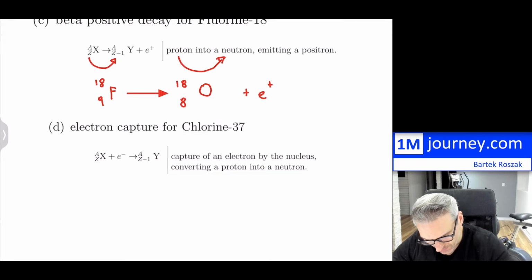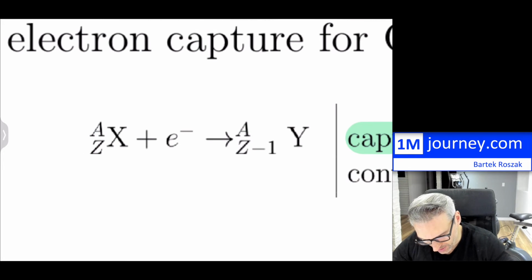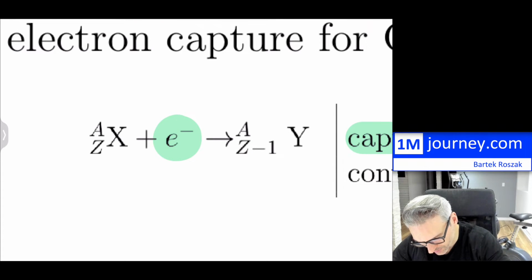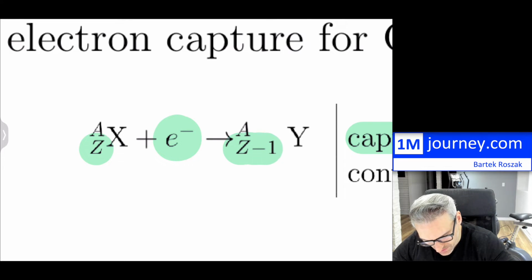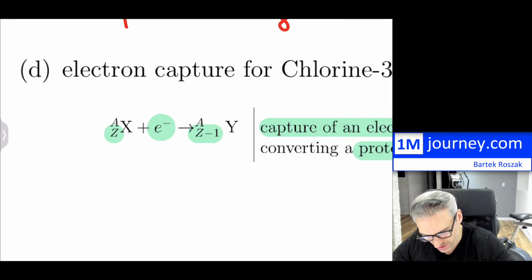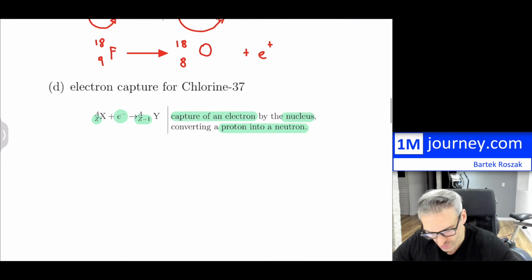Notice that the nucleus itself captures an electron and converts a proton into a neutron, and this is exactly what you see in here. So if the electron gets captured, notice that your Z is now going to be one less, because the proton is going to get converted into a neutron.